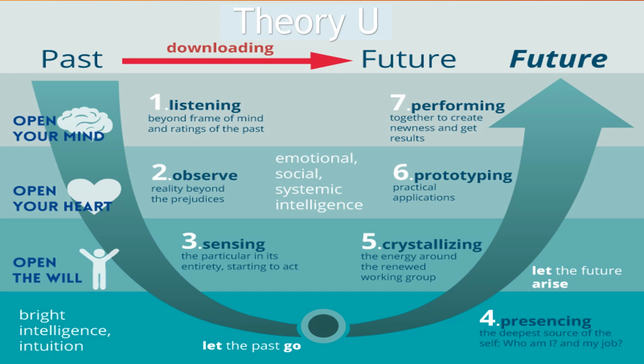And this is reality beyond the prejudices. Emotional, social, systematic intelligence. This is where you are looking at the playing field as to where it was. Listen, in academia, and especially in colleges and universities, I remember when no one wanted to embrace online learning.